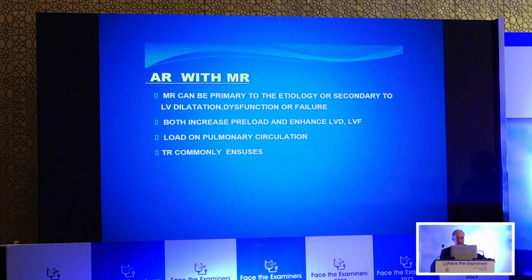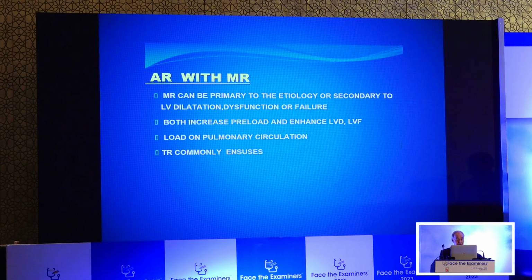So this is again something you will be asked: suppose there is a patient with severe aortic regurgitation and this person is having some findings of mitral regurgitation. You may be asked if this mitral regurgitation is functional, or whether it is of the same etiology. Is it of rheumatic etiology?